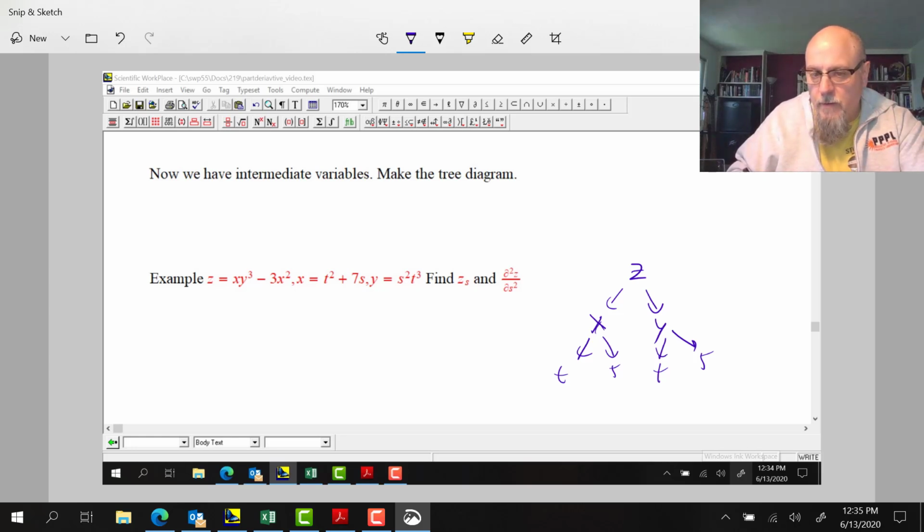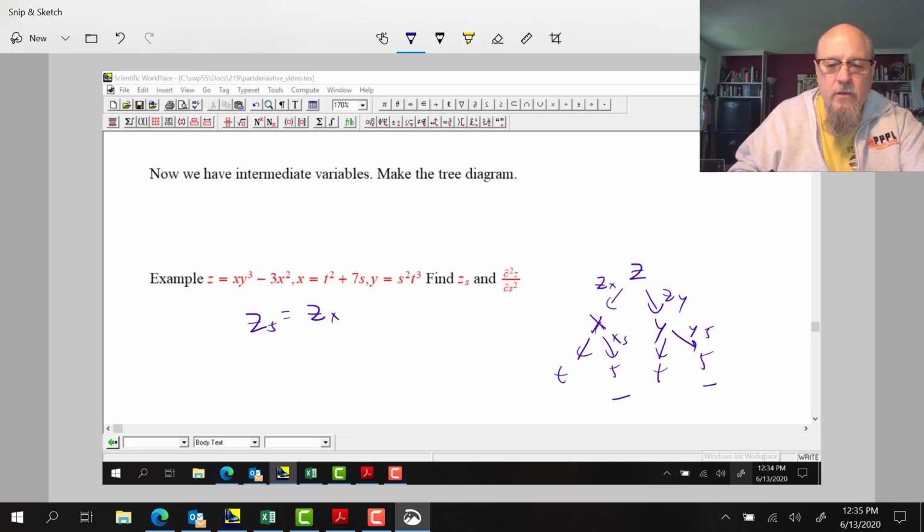I want the derivative with respect to s, so I want this piece and this piece. This is z sub x. This is z sub y, partial derivatives. These will also be partial derivatives. That's x sub s and y sub s. So z sub s is going to be z sub x times x sub s plus this other branch, z sub y times y sub s.